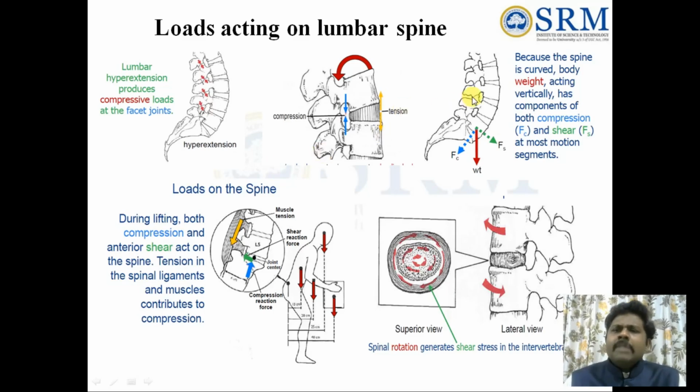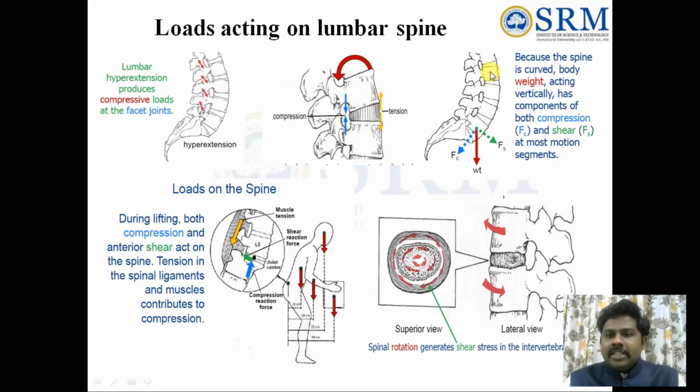The main thing we need to understand here is that the spine is a curved structure. Generally, if I am taking the vertical forces, the horizontal forces and the weight acting over there, I should be able to know with respect to which plane it is falling, and based on the plane only can I calculate the forces acting here.